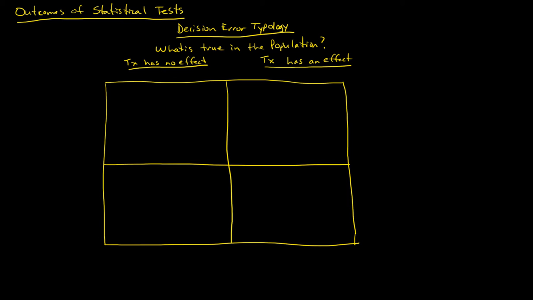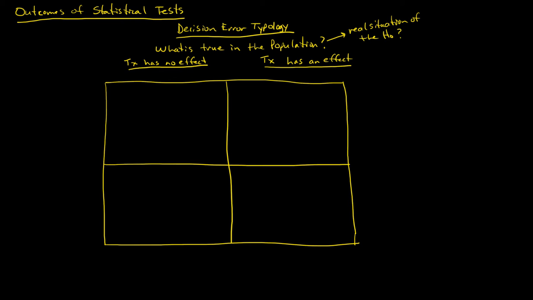And we never really know the true condition or the real situation of the null hypothesis. So when I say what is true in the population, another way of saying this is what is the real situation of the null in that population. It can either be that the treatment has an effect in the population or it doesn't have an effect.